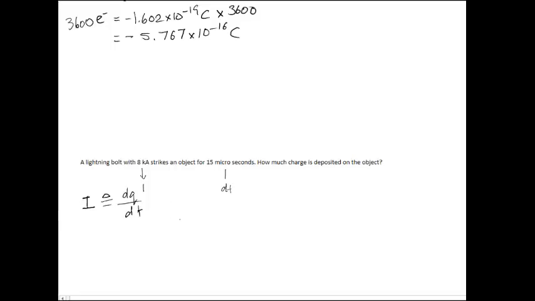We can make this into dq if we multiply both sides by dt, so dq equals I dt. And since we know the current and the change in time, we can simply substitute these values in. Times 15 microseconds. Micro simply means 10 to the negative 6.